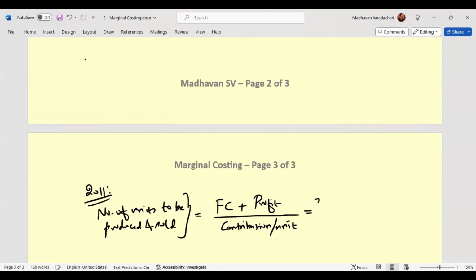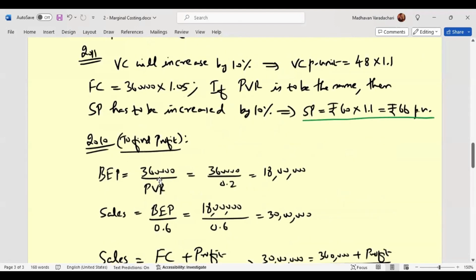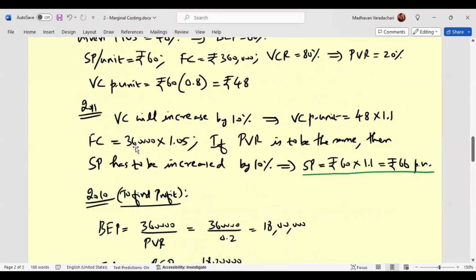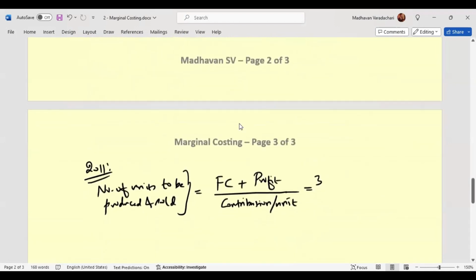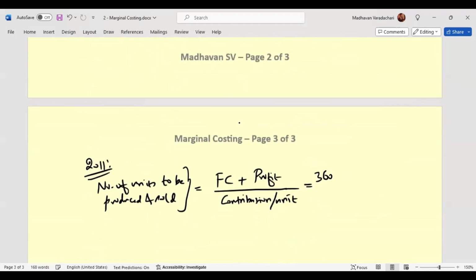For 2011, the fixed cost is 3,60,000 into 1.05, plus the profit we just calculated, 2,40,000.